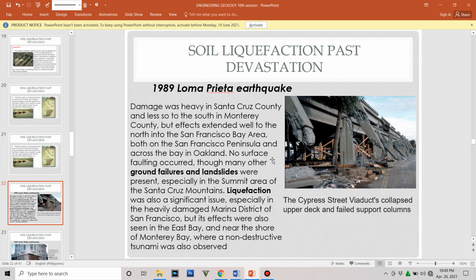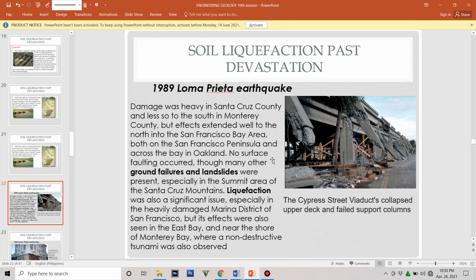So another tragic event occurred in 1989, the Loma Prieta earthquake. This is characterized by liquefaction. So the shaking lasted for 20 seconds lang. So what is the magnitude of this? It is 6.9. So 6.9 magnitude. Okay.